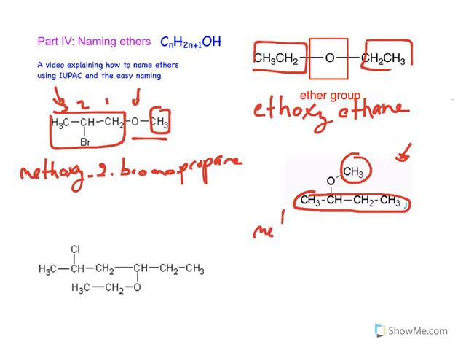So this is methoxy, and then in numbering the second one, of course we're going to number the carbon closer to the functional group. So 1, 2, 3, and 4. So this is 2-methoxy because the alkoxy group is bonded to carbon number 2. 2-methoxybutane.